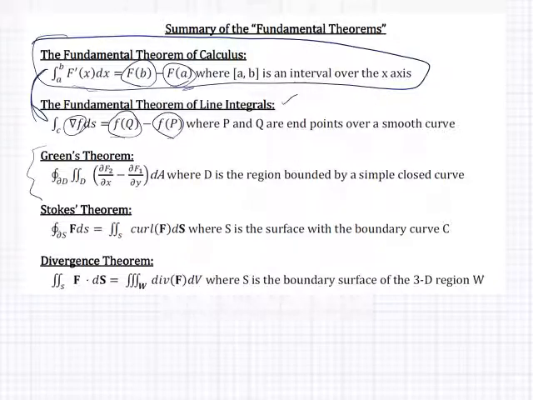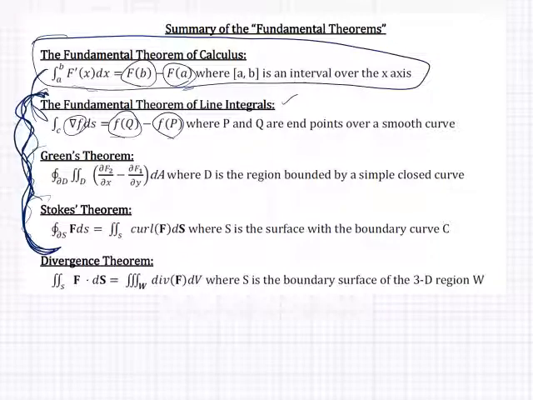which is integrating a vector field over a curve as well, but instead integrating the vector field over the area that that curve bounds. Then there's Stokes Theorem, which is integrating a vector field over a curve also. Okay, so really all three of these are doing the same thing, right? These are all for vector fields over a curve.